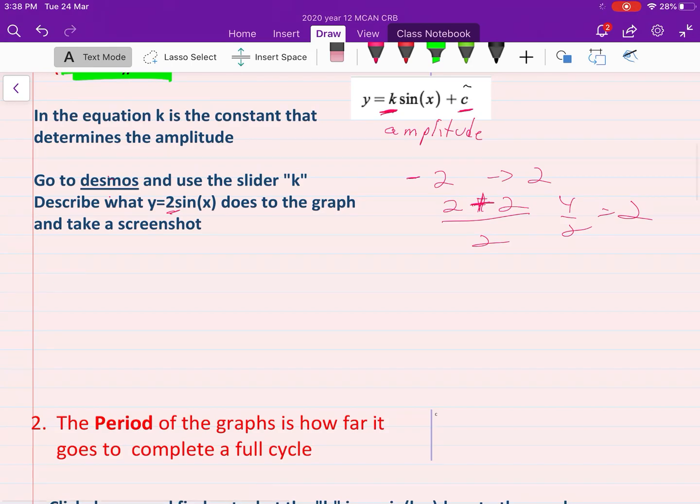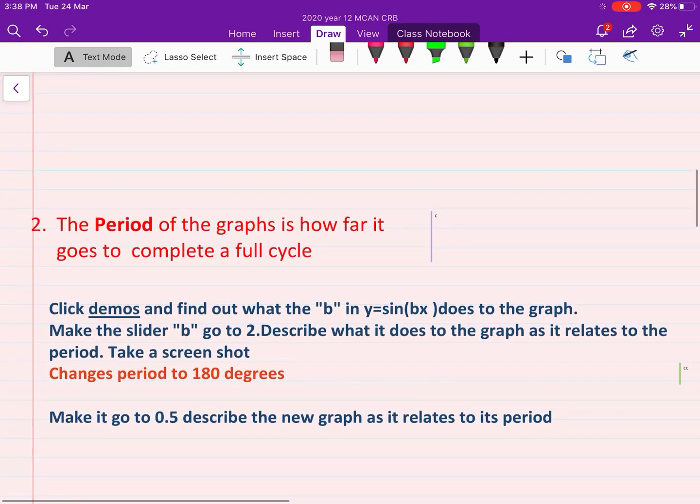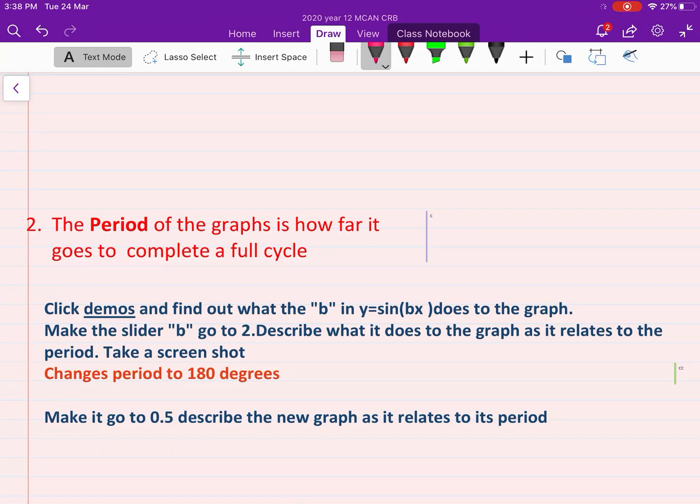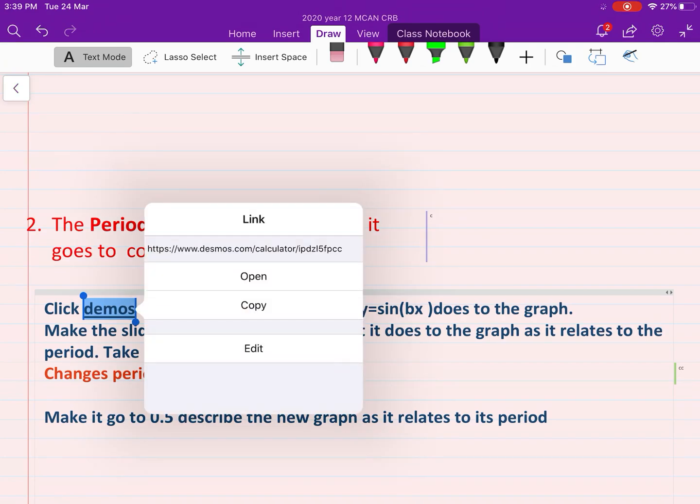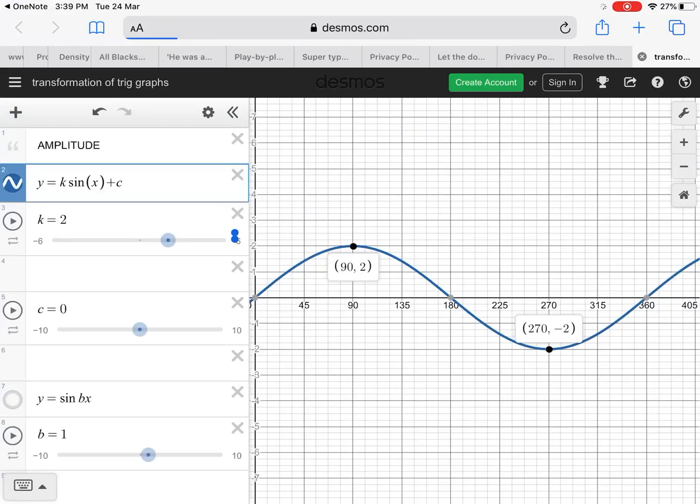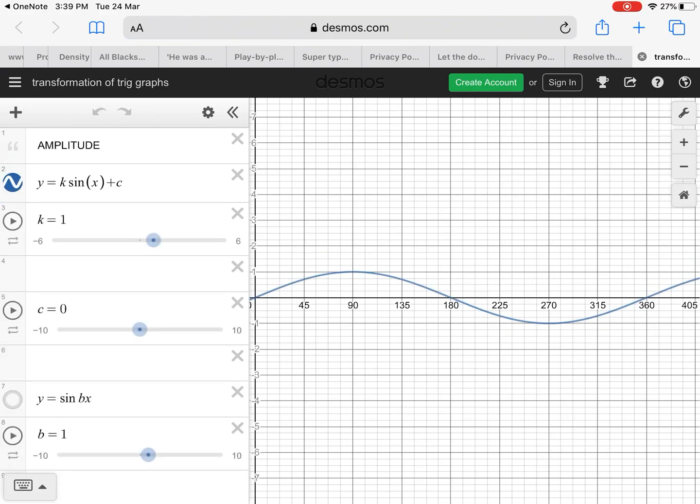All right? We've dealt with amplitude. Now the second thing is we're going to look at the period of the graph. We're going to go to the Desmos link here and find out what the b does to the sine graph or cosine graph. We have a slider b, so let's go to our link here again. Now we've got the sine graph, but we're going to undo that one and put this one up, and see what b does.